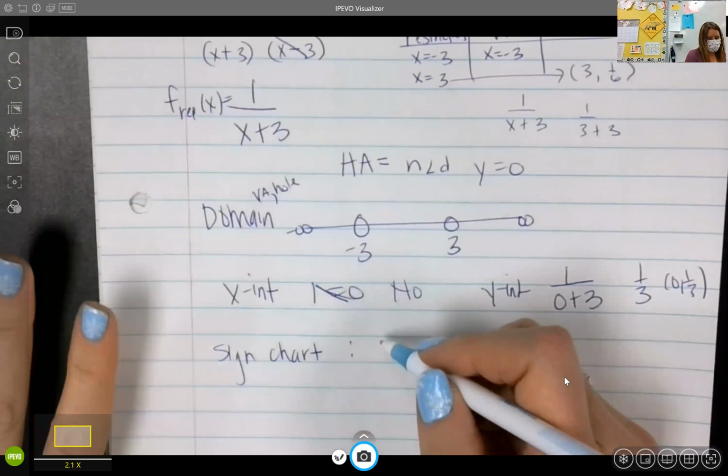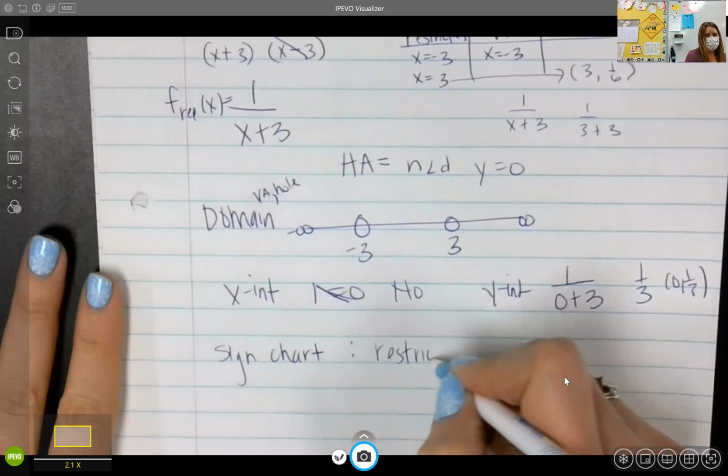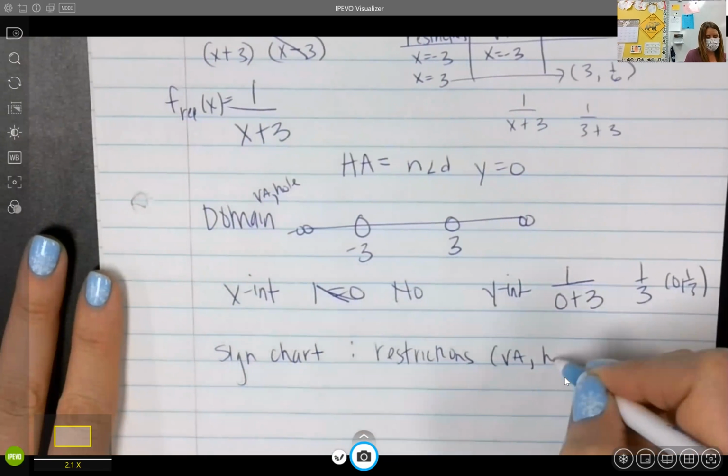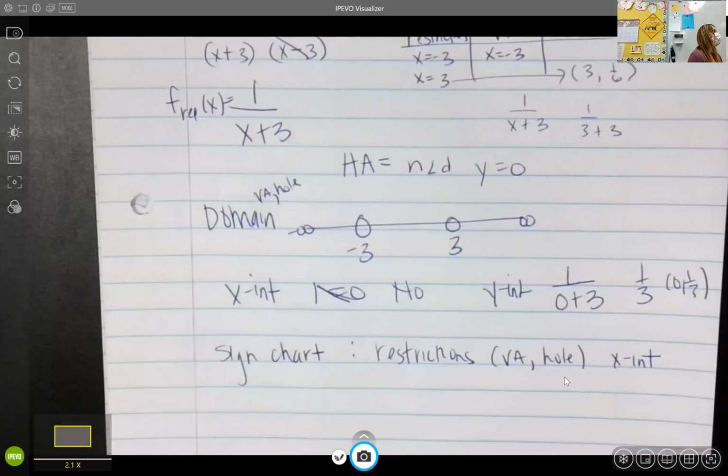Okay, so that's going to be your restrictions and x-intercept. So the difference on the sign chart and the domain is if I have an x-intercept, it doesn't affect the domain. But if I have an x-intercept, it might change the positive to the negative.